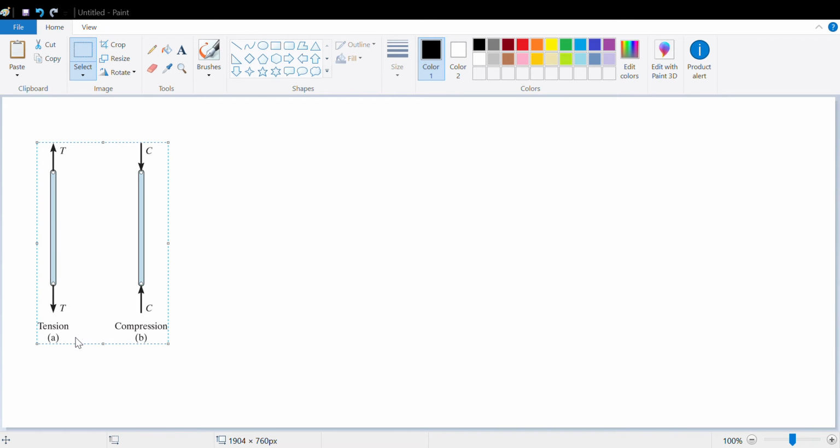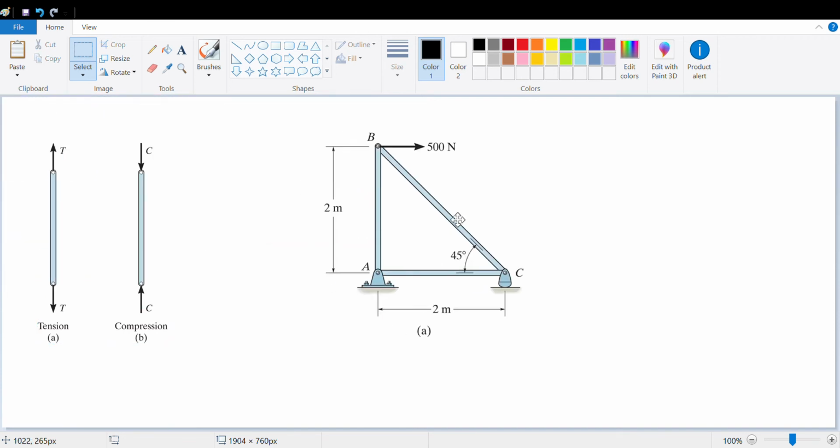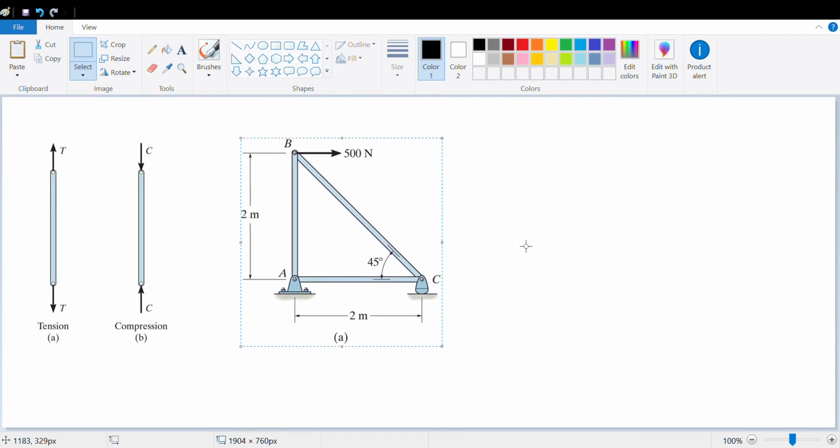The first one that we look at in this video is called the joint method. Let's look at this structure, for example. This method is based on the fact that if the entire truss is in equilibrium, then each joint is also in equilibrium.